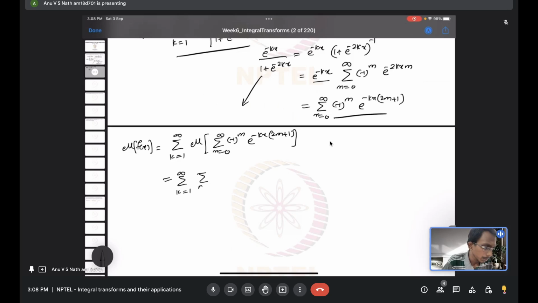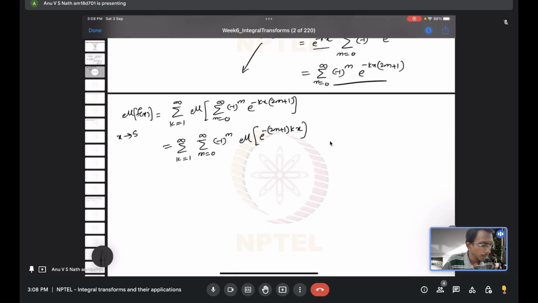So m equal to 0 to infinity minus 1 the whole raised to m. See, the Mellin transform is applied over the variable x and to some variable s. So m is actually a constant, and the Mellin transform is just going to act on exponential of minus 2m plus 1 k times x.